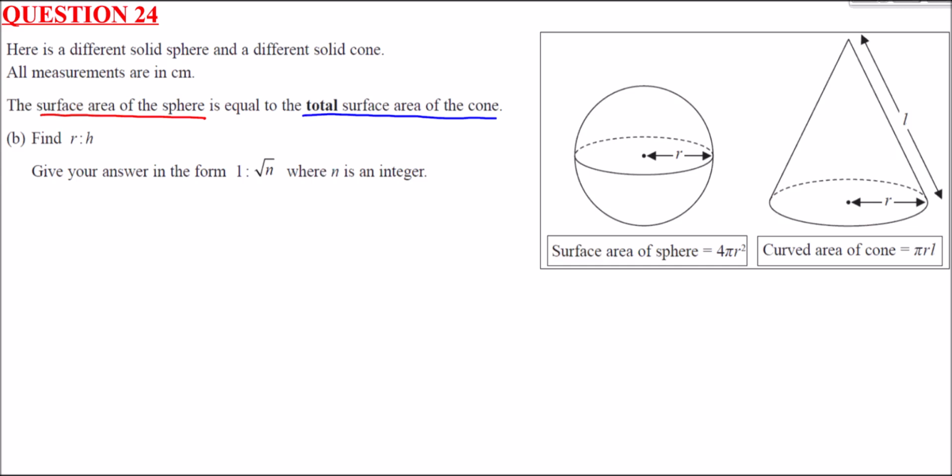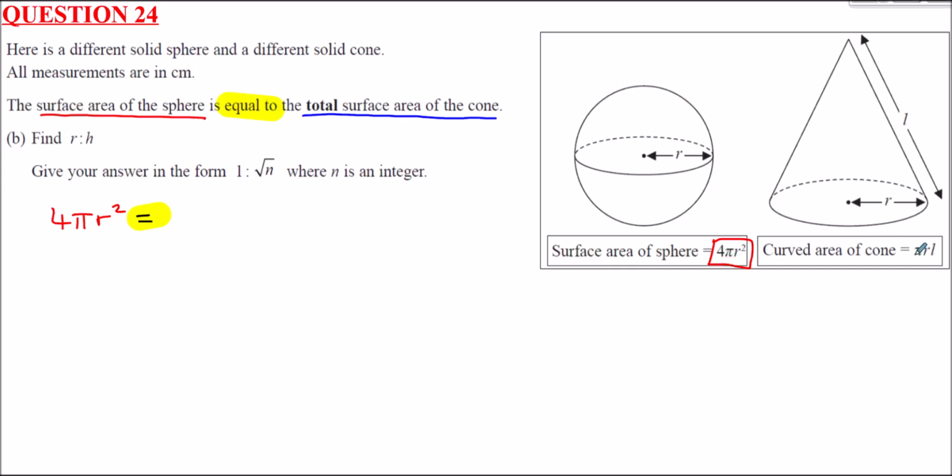So the surface area of the sphere, we're told here that it's 4 pi r squared. So we can set 4 pi r squared equal, because it does say equal to, the total surface area of the cone. Now for the cone, it comes in two different parts.